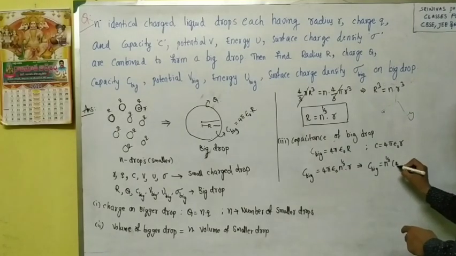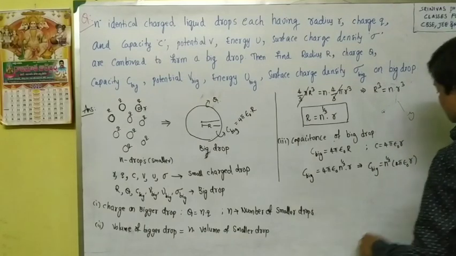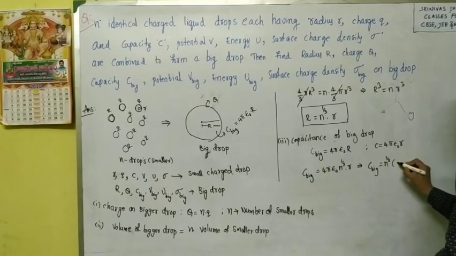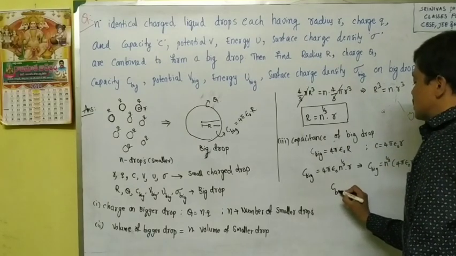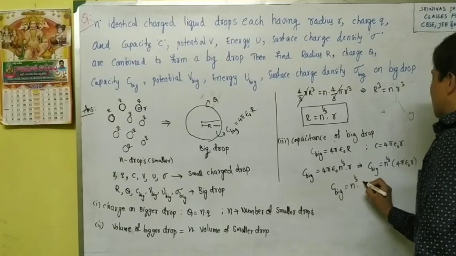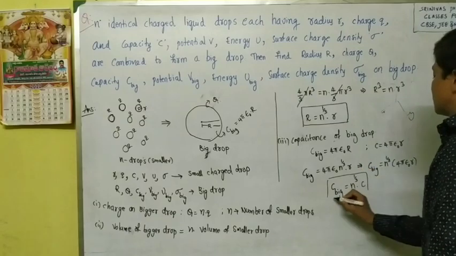That 4 pi epsilon naught small r is small c, right? That is, the capacitance of the bigger sphere is equal to n power 1 by 3 times the capacitance of the smaller sphere, right?